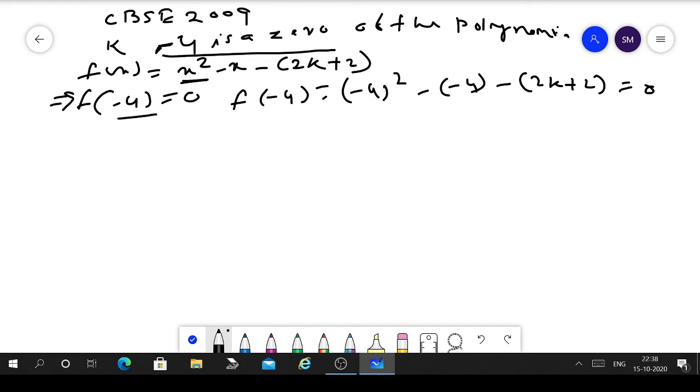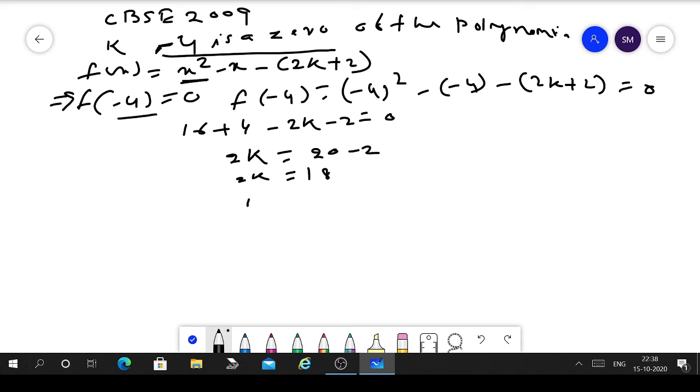Here 16 plus 4 minus 2k plus 2 is equal to 0, which implies 2k is equal to 20 minus 2, so 2k is equal to 18, and k equals 9. Okay, then we get the value of k.